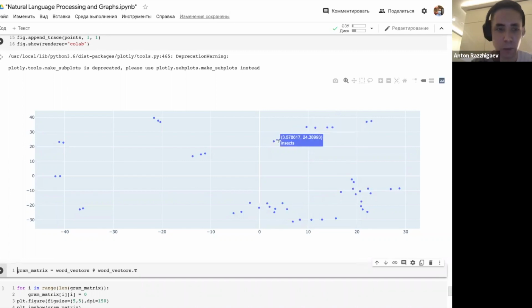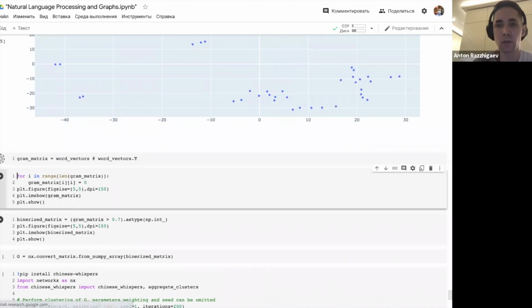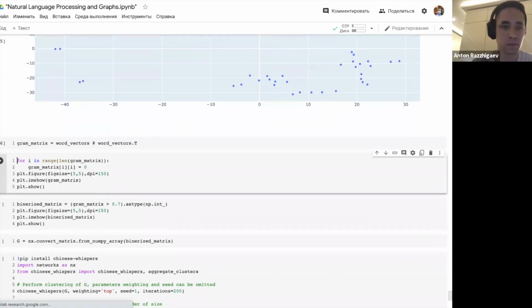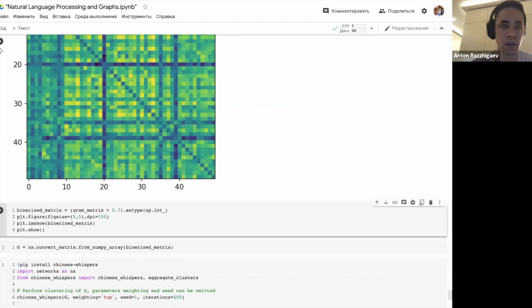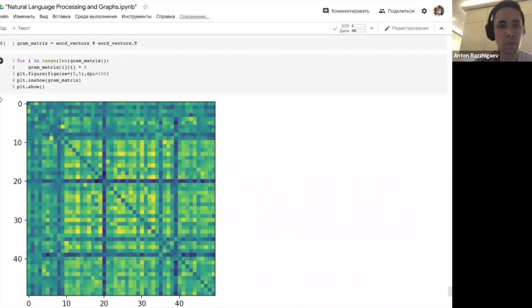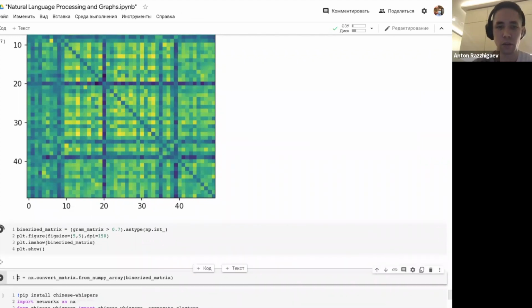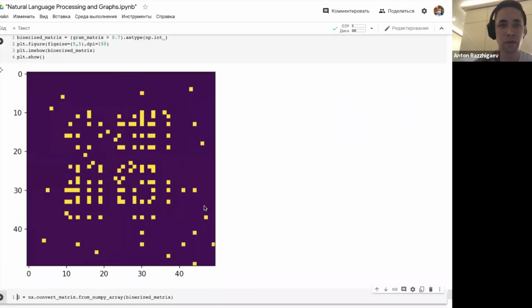Quite reasonable, I think. Now let's create a gram matrix, a matrix of pairwise distances between our word vectors. Here is our gram matrix of pairwise distances. Now we binarize this matrix.